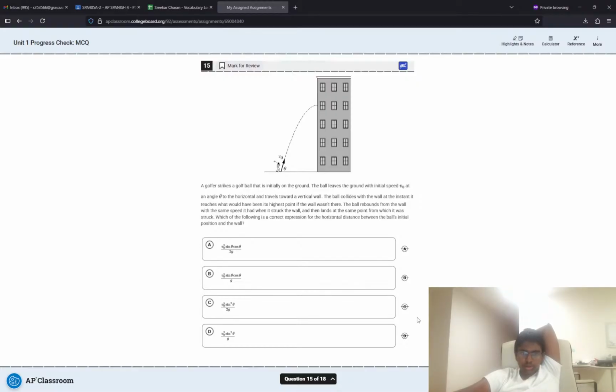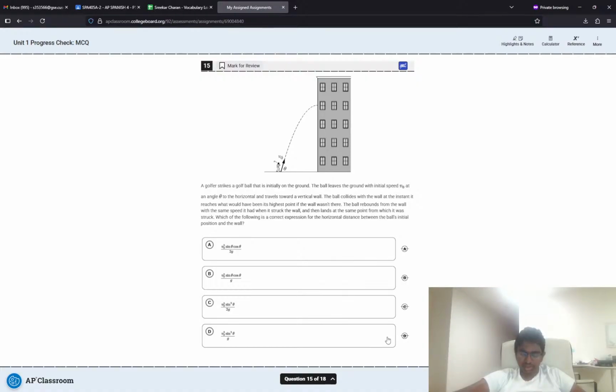Let's begin. Okay, which means that it was initially going at VO, right? So this would be VO sine theta, VO cosine theta. Negative GT, acceleration times time equals velocity final minus velocity initial, plus VO sine theta equals V final, right?